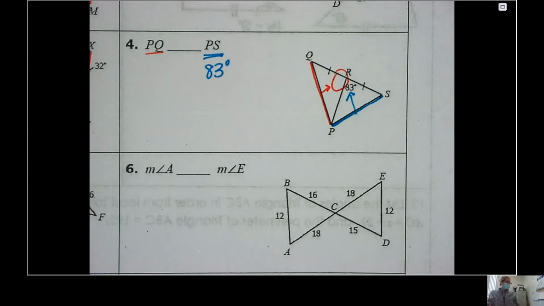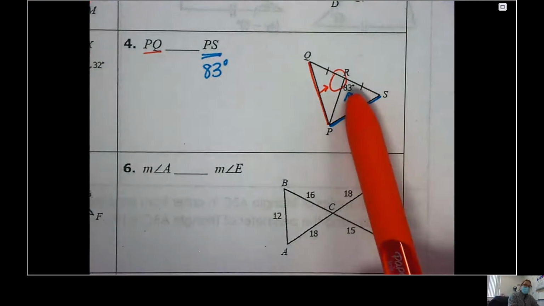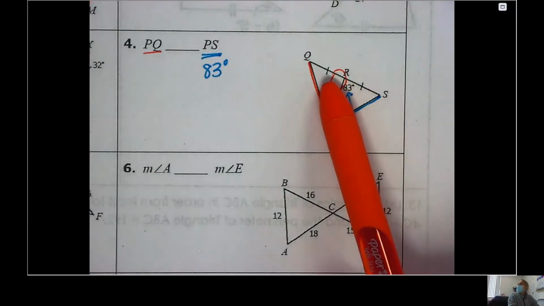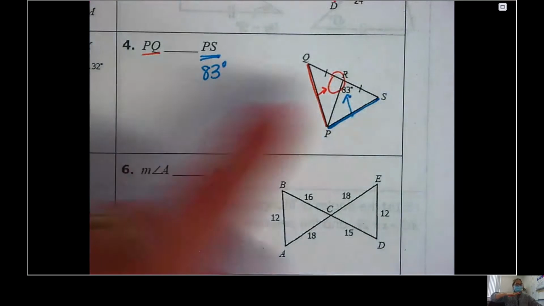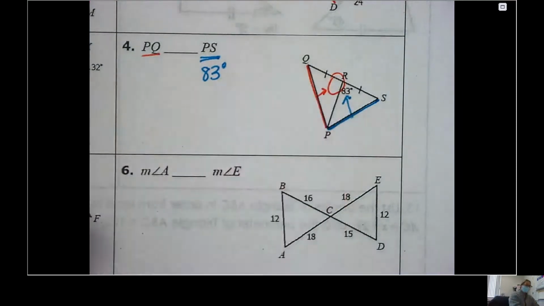What is it? How did you get 97, Enrique? What did you do? Perfect. Straight line, a linear pair. It makes 180 degrees. You already have 83 of the 180. So to figure out what's left over, I'm going to take 180 and I'm going to subtract 83.